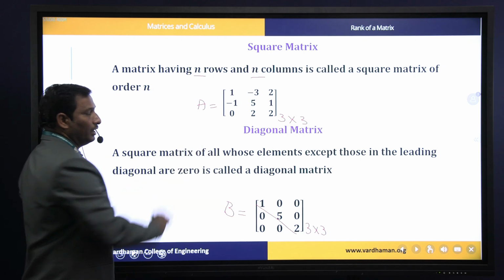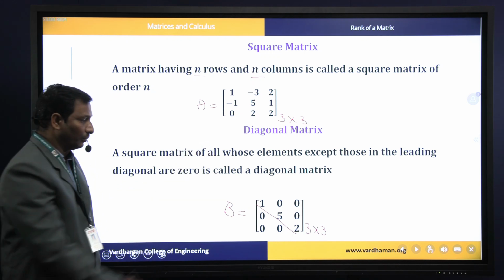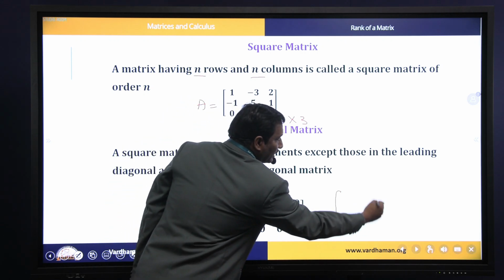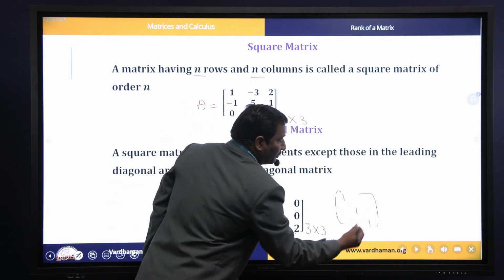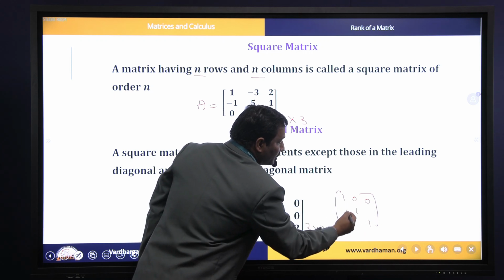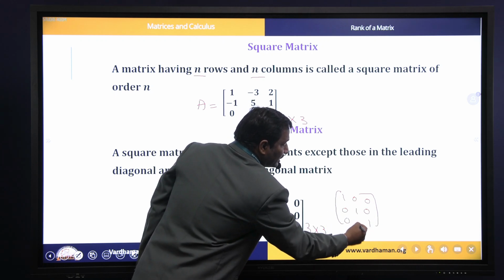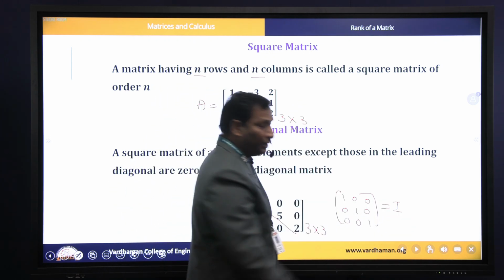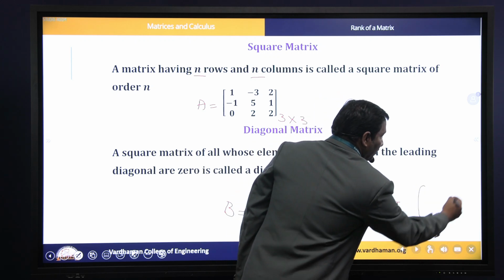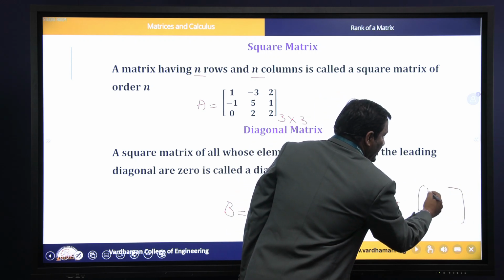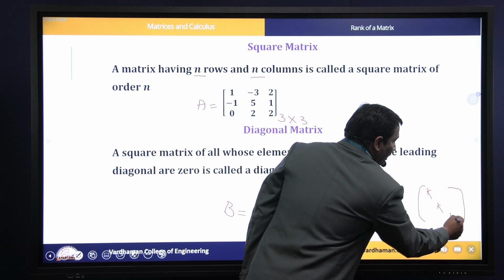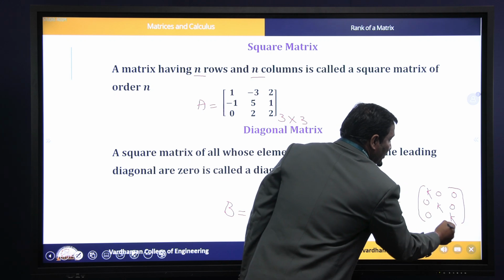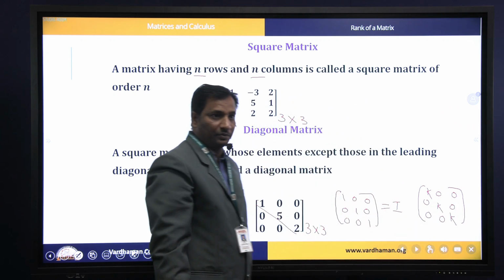In the special case, if the diagonal elements are 1, 1, 1 and the remaining elements are 0, then the matrix is called a unit matrix, and it is denoted as I. And if all the diagonal elements are the same constant, k, k, k, and the remaining elements are 0, then the matrix is called a scalar matrix.